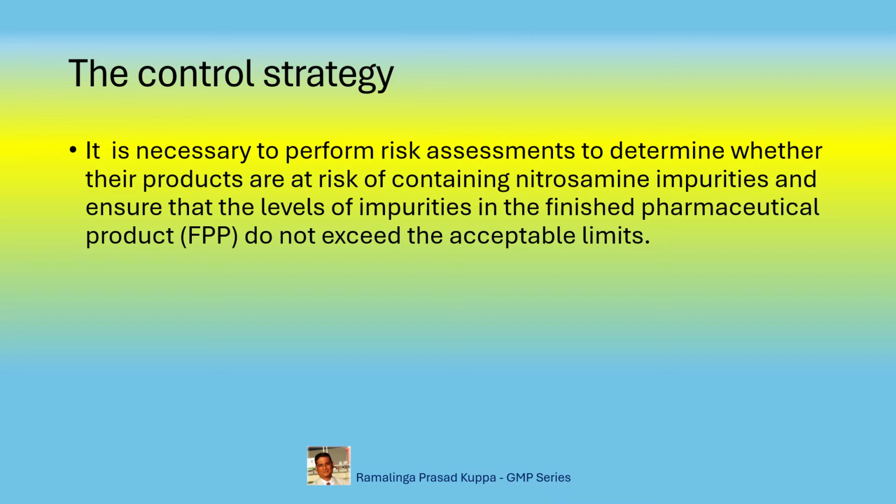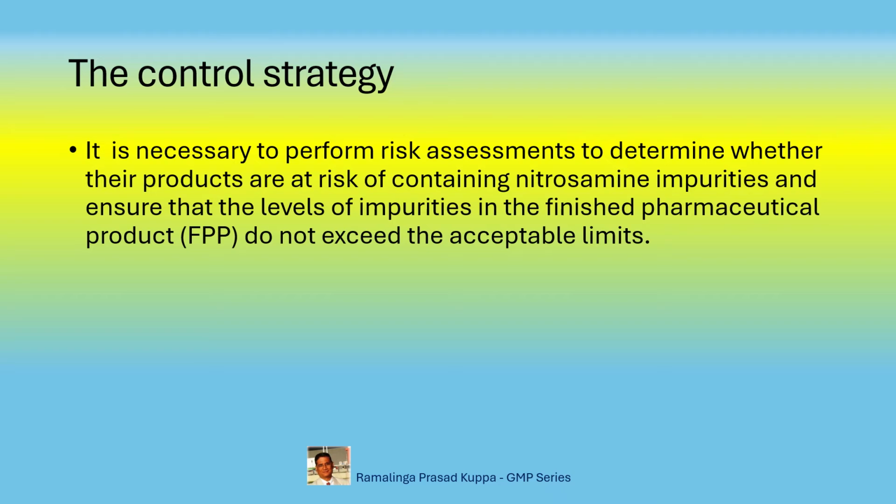the acceptable limits. The risk assessment should include focus on premises, equipment, materials, route of synthesis, production process, and interactions between chemicals, excipients, solvents, APIs, and packaging components, as well as the dosage form and the intended use of the product.